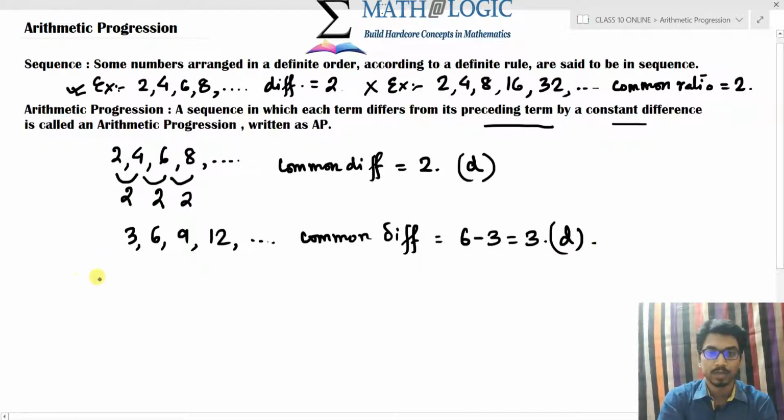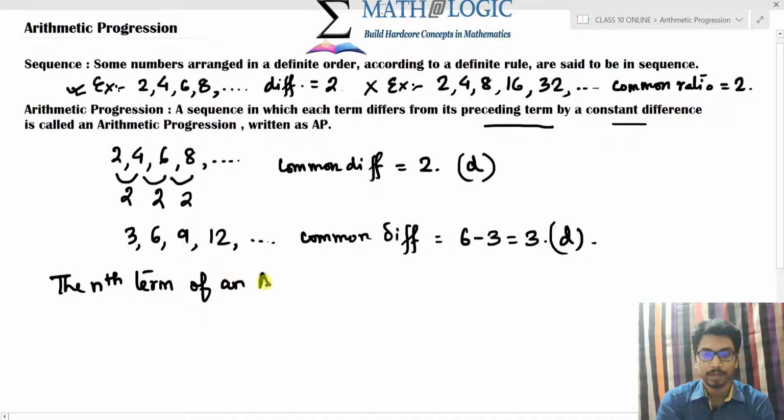So let's proceed with the formulae and symbols. Okay? See, the nth term of an AP is denoted by either Tn or An. Clear?